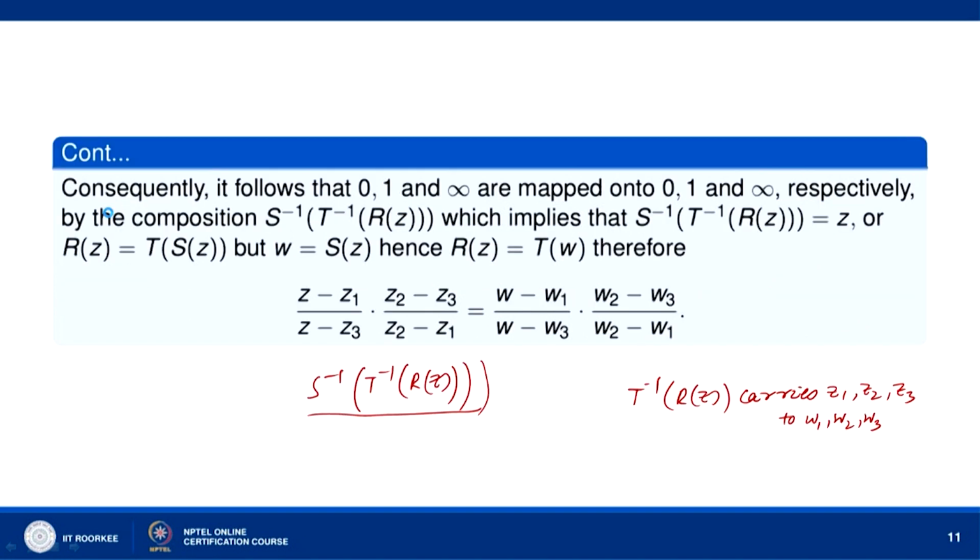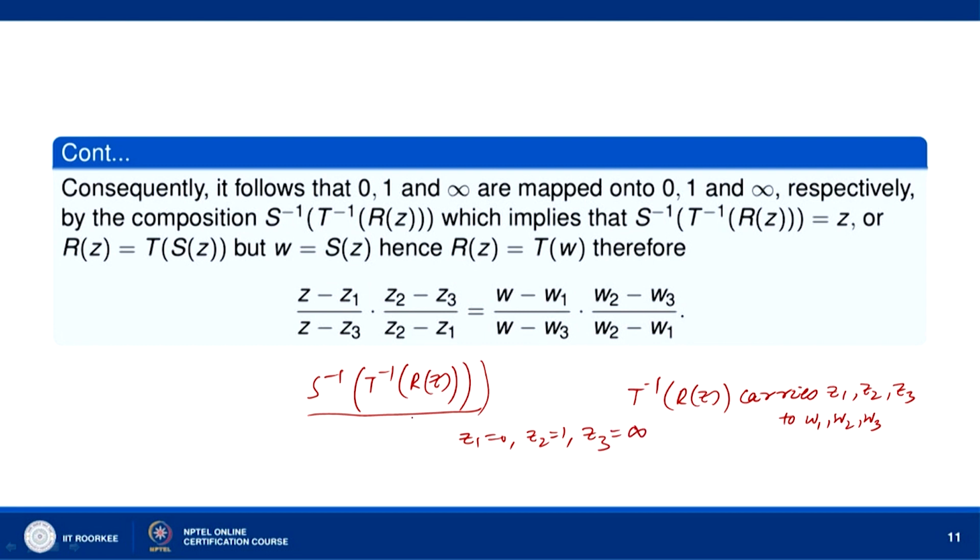Now, we have seen that T inverse Rz carries Z1, Z2, Z3 to W1, W2, W3. Let us take the points Z1, Z2, Z3 to 0, 1, infinity. Z1 equal to 0, Z2 equal to 1 and Z3 equal to infinity.